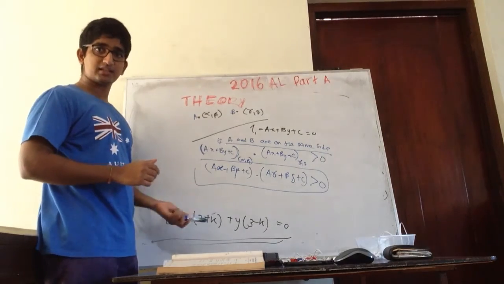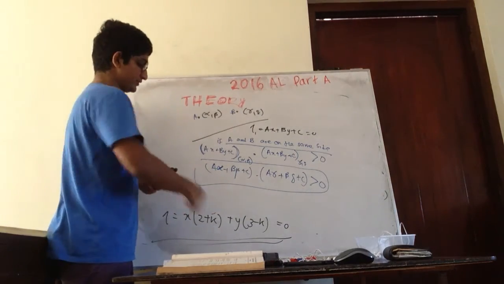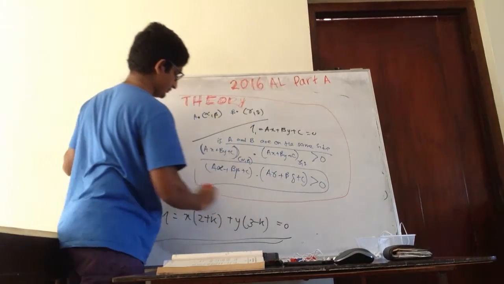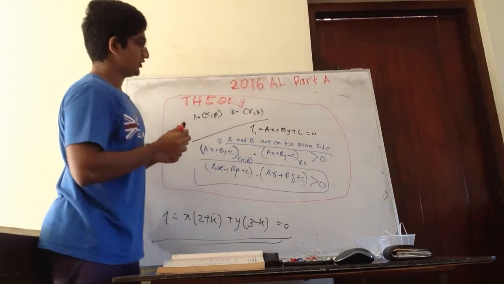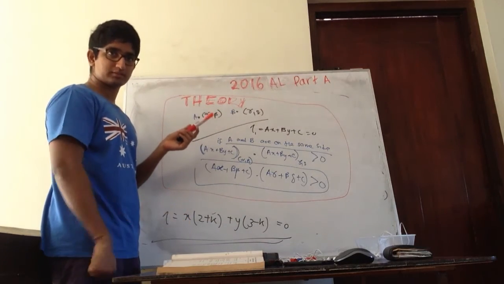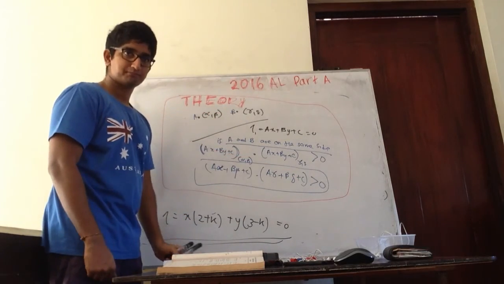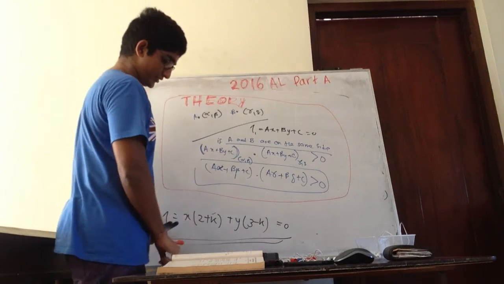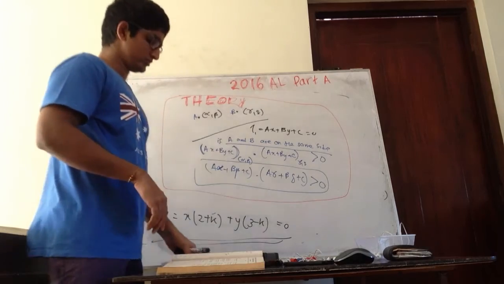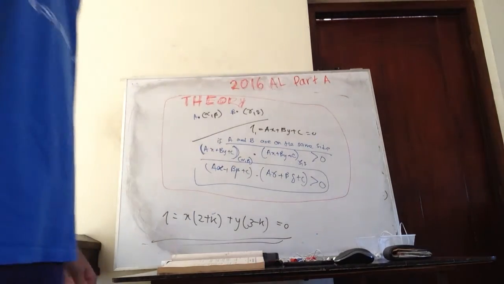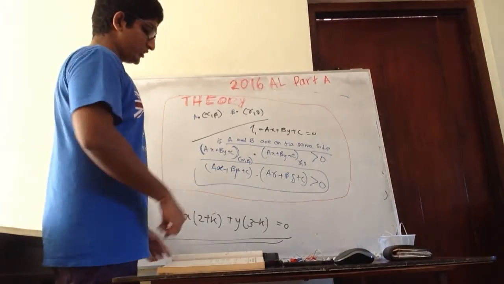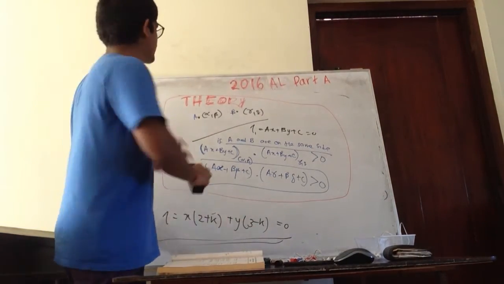So this is the theory that we need to use here. Okay. So now if they are on opposite sides, it will be negative. Okay, right? All right. So now, write this down. Right. So now using this theorem, we can find the answer.